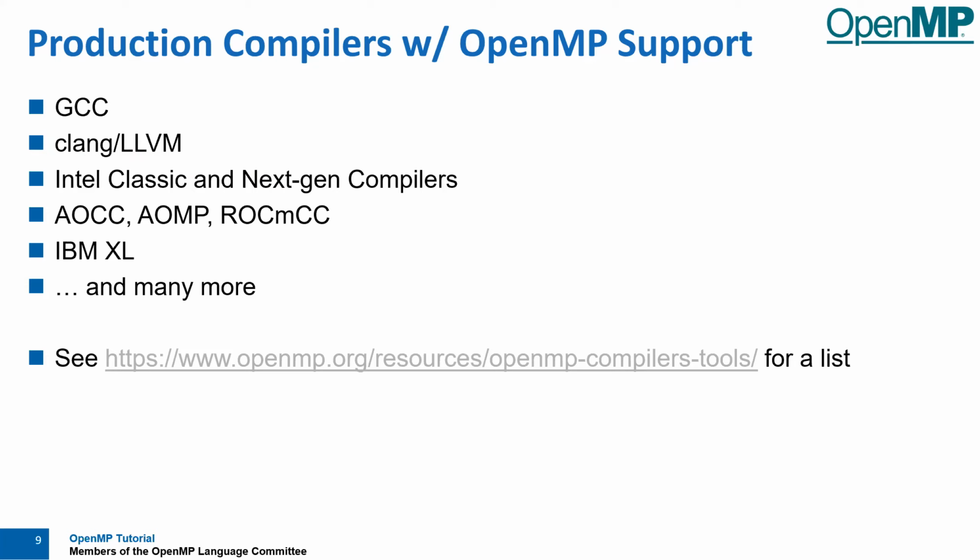They all have OpenMP support. The AMD compilers, AOCC, AOMP, and ROCmCC, also have OpenMP support. Actually, the next-gen compilers and the AMD compilers are based off of Clang and work the same way as the Clang compiler. And then there's IBM XL, which is also supporting OpenMP compilation for IBM systems. And as I already said, there are many more implementations that I probably forgot to add here.